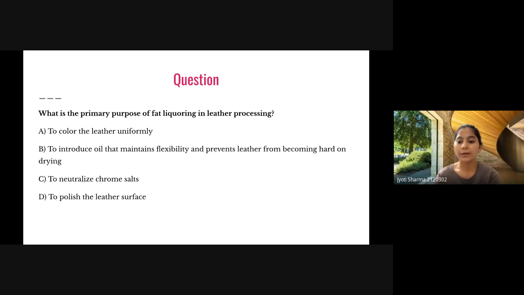Okay, you both gave me a B answer. So why are we giving the oil to the leather? The main purpose is so that we can maintain the flexibility, and it doesn't become hard on drying. So yes, B is the right answer.